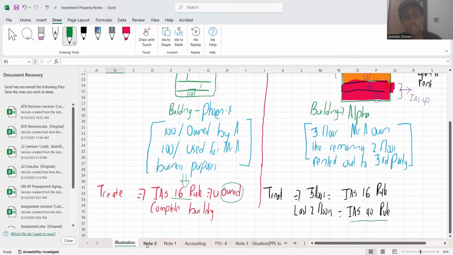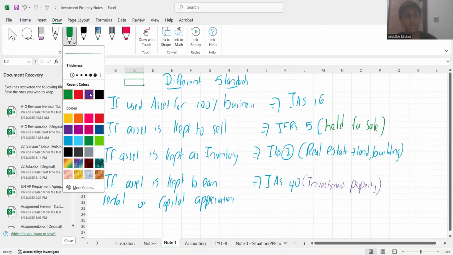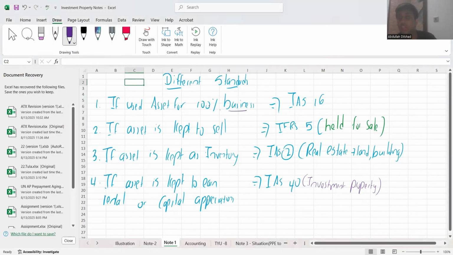Okay, let me move on to our next part. Don't worry, this is not complicated at all. You will be able to easily understand. We've learned something: if an asset is used for business purposes, we treat it under IAS 16.